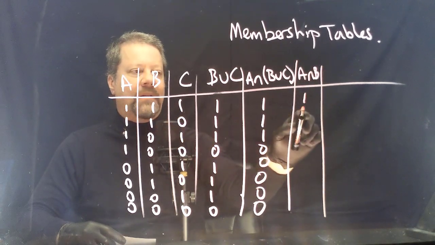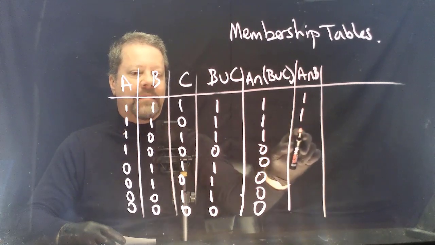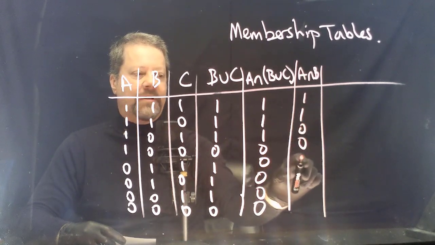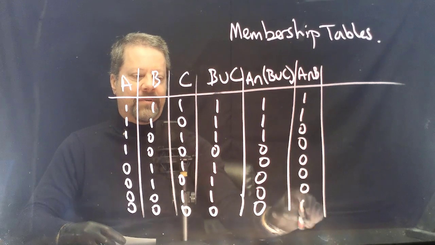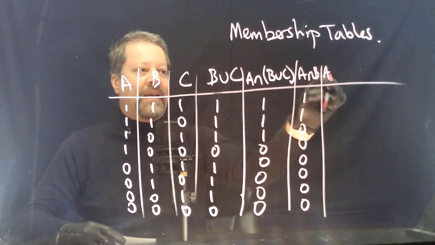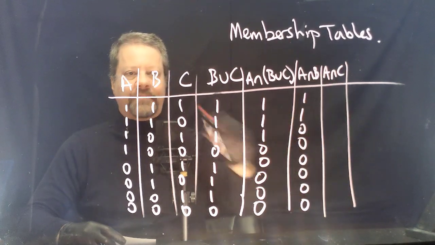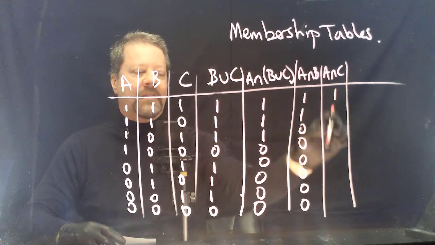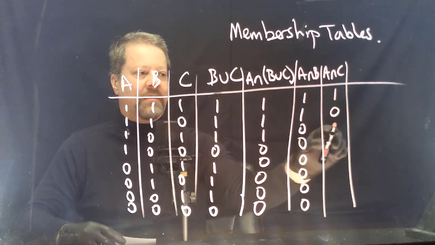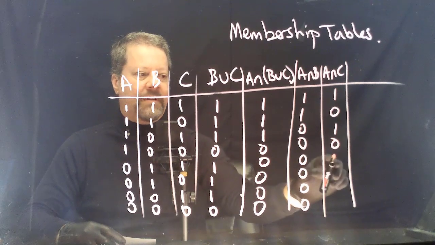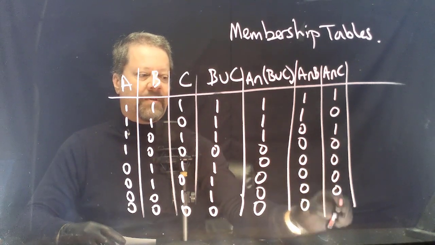Now let's look at A intersect B, A and B. That's 1, 1, 0, 0, 0, 0, 0, 0. A intersect C, A and C: 1, 0, 1, 0, 0, 0, 0, 0.